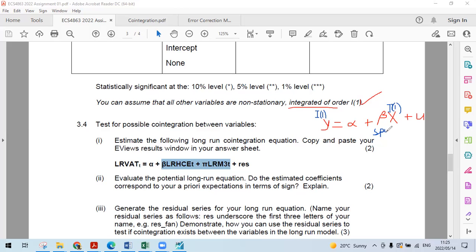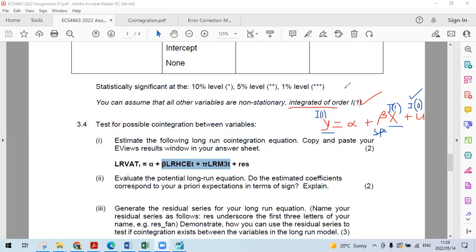If the residuals, which is the U, after using the technique that we're going to use, are integrated of order 0, you can conclude that y and x are indeed co-integrated.